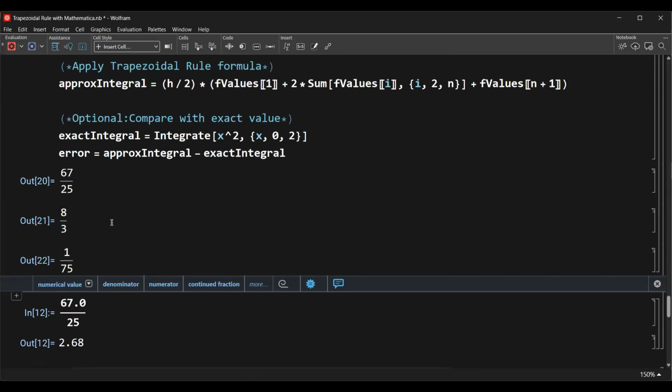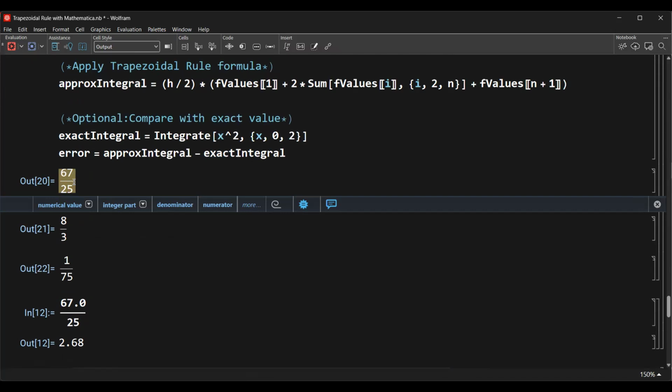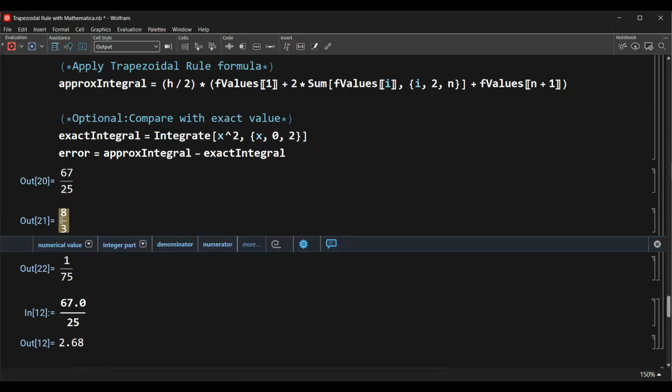And the exact answer is equal to 8 over 3. This one, 8 over 3. So this is the approximate value, and this one is the exact value.